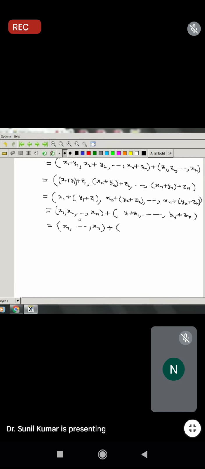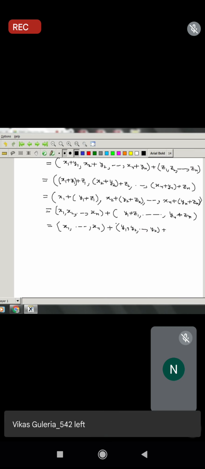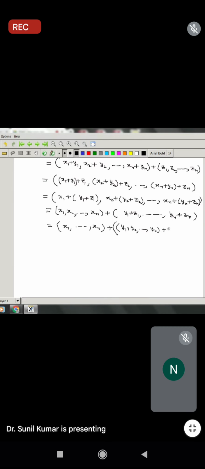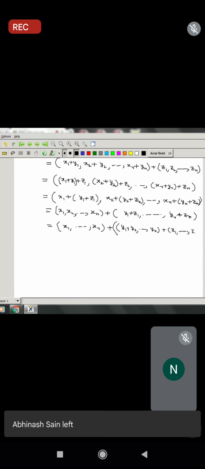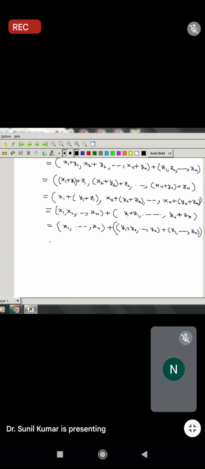Yes, anyone? y1, y2, and so on up to yn, plus, but z1 we put bracket here, right? Plus z1, z2, up to zn. And this is nothing but x plus (y plus z). This satisfies the associativity.